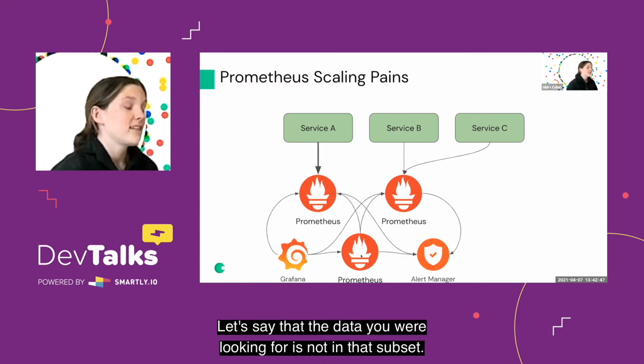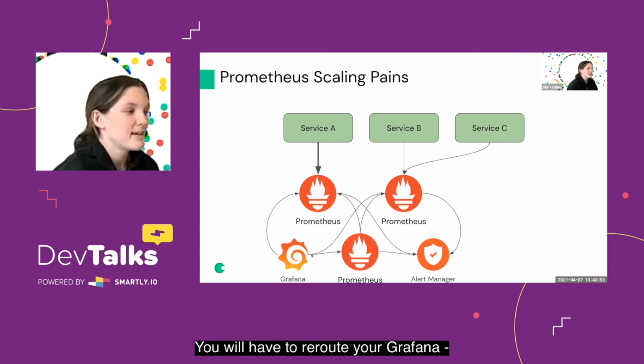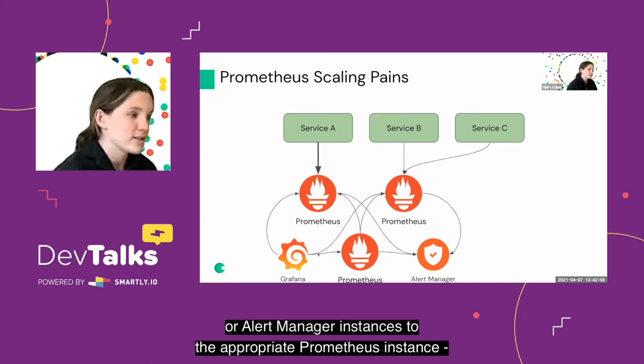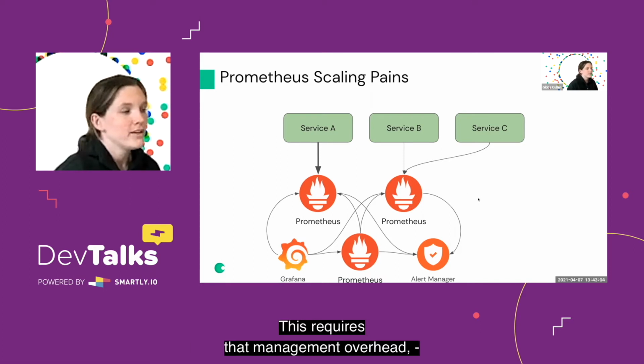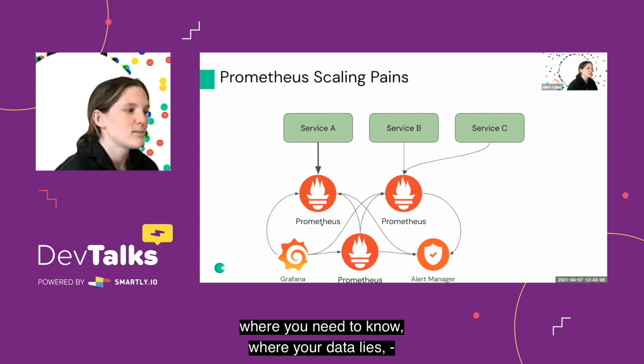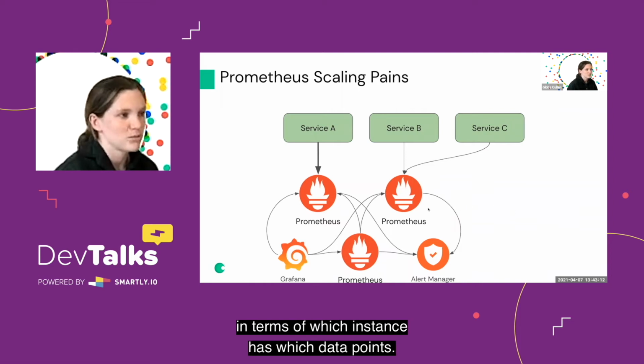So if the data you were looking for is not in that subset, you will have to point or reroute your Grafana or Alert Manager instances to the appropriate Prometheus instance that may have the data you're looking for. This requires management overhead, where you need to remember or know where all of your data lies, in terms of which instance has which data points.